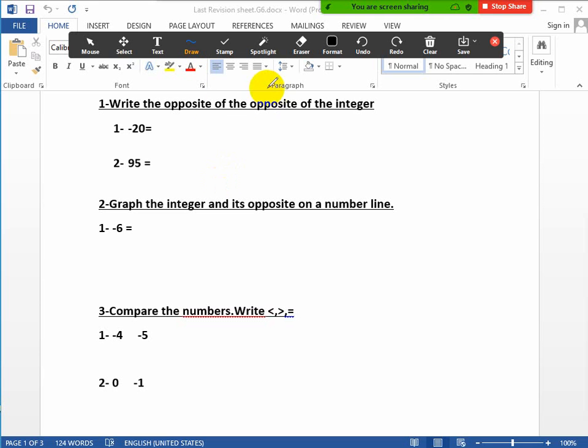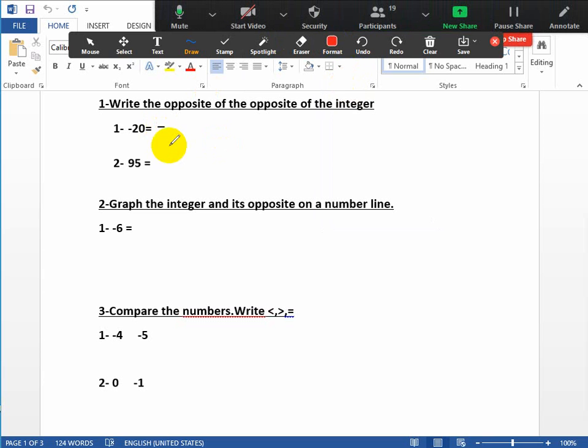So write the opposite of the opposite of the integer. You know that the opposite of the opposite of any number equals the same number. So let's see with Asma. Yes, Asma, what is the opposite of negative 20? Very good.